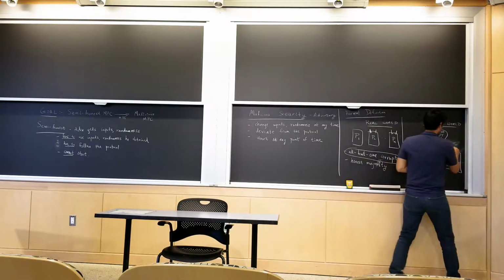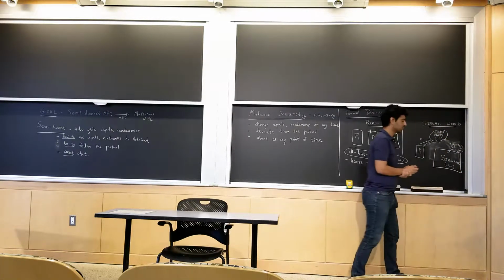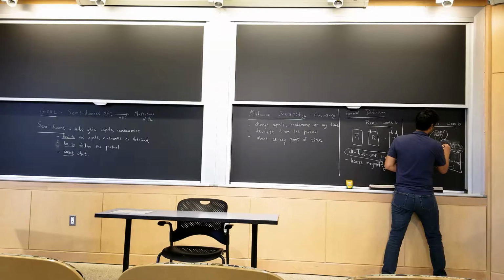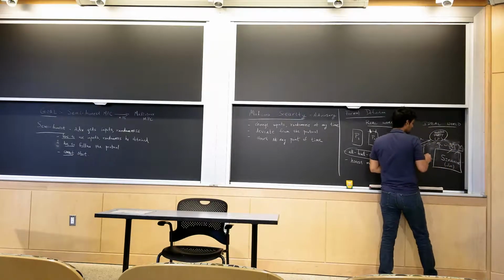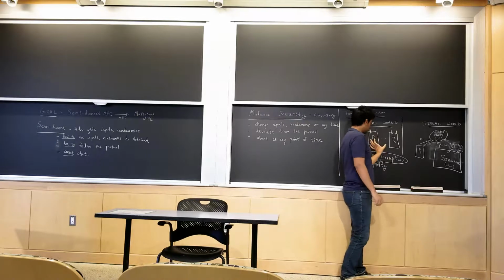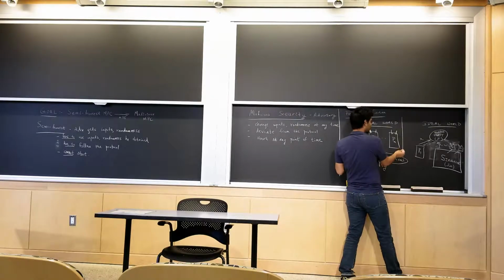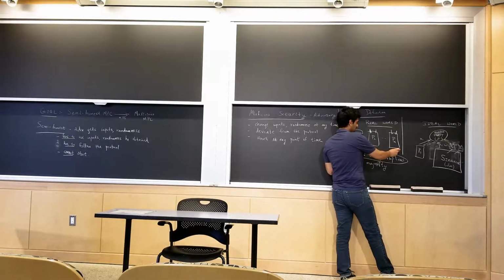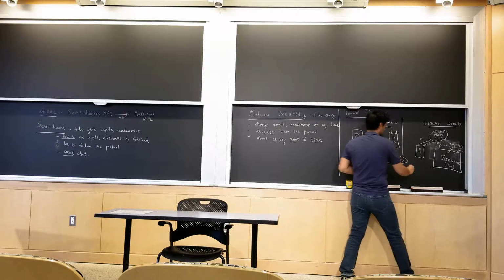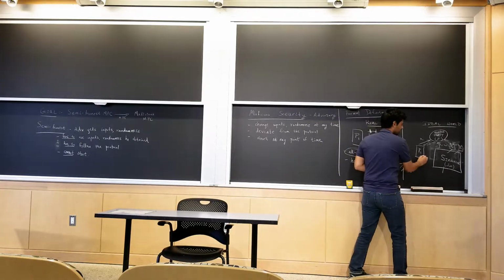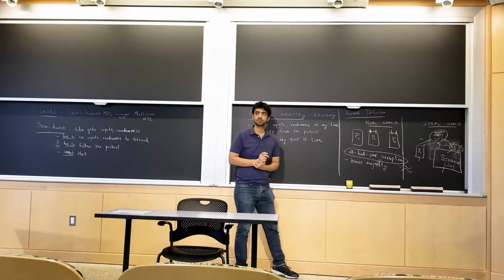So he has access to E2, and he can send these inputs x2 to x. So for every set of adversaries, there exists a simulator such that the joint view of all the parties here is indistinguishable from the output of the simulator, along with the outputs of the honest parties here.